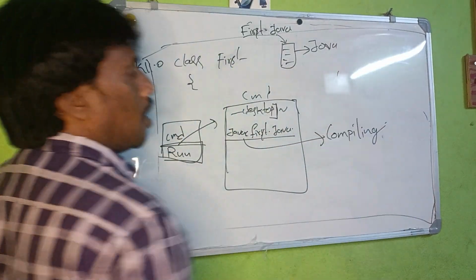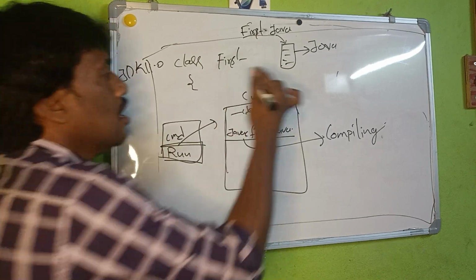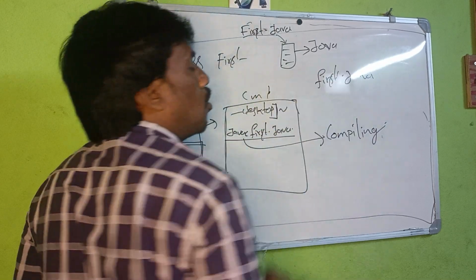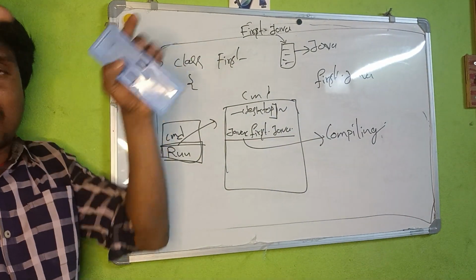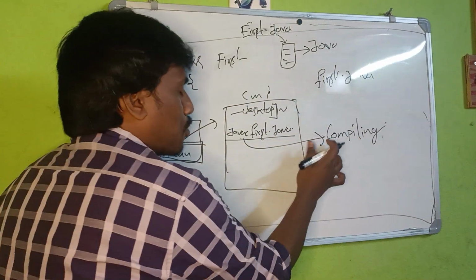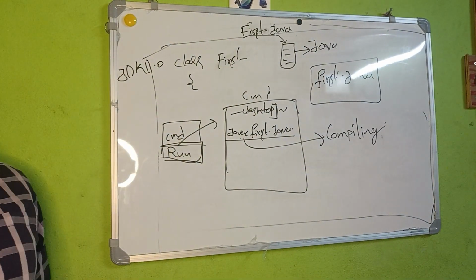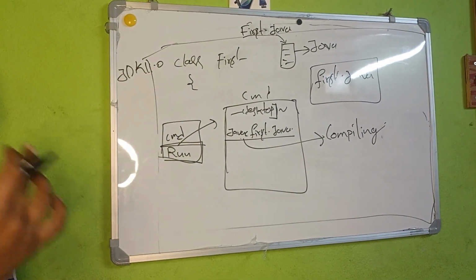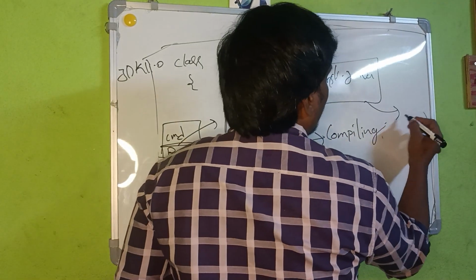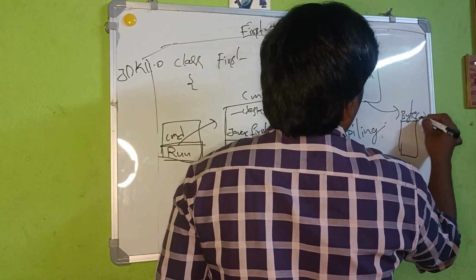Now see, suppose my first.java file is saved on the desktop of my laptop. Whenever my program is compiled, automatically one file will be generated, that is a bytecode file, with the same name.